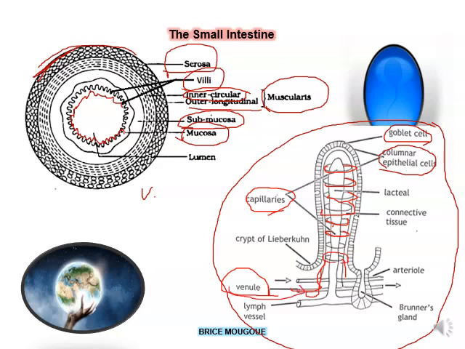The venule will then transport everything that is absorbed in the small intestine to the body. That includes nutrients in the form of glucose, amino acids, and fatty acids. We'll see that as we move on. So they rejoin to form the venule, which will then leave the villus and go to the rest of the body.